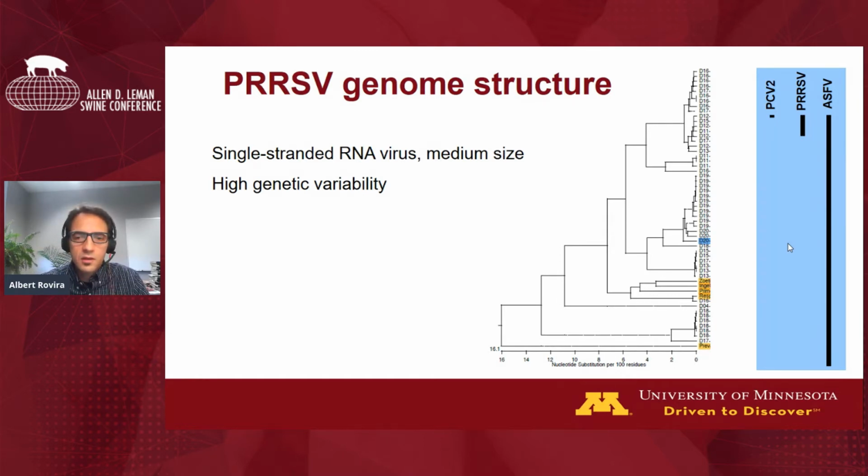Some of these strains are 20% different in their genomes. So there can be a lot of variability, and PRRS changes a lot. And that means also that the same strain is going to be changing, and there's going to be some background change that happens in the same exact strain as time goes by. So that's going to be important for interpretation.